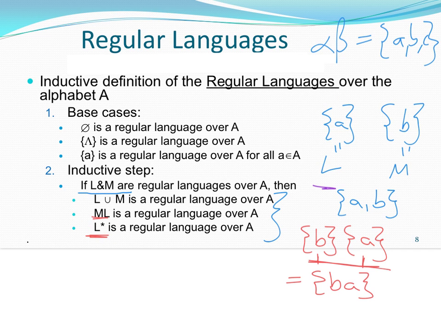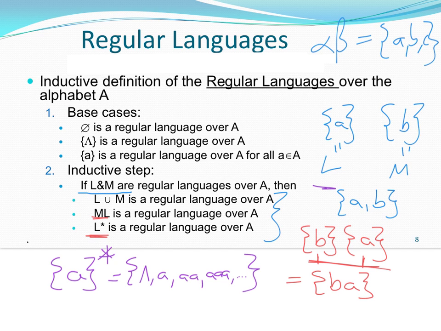And this last rule here tells us that if we have a regular language, we can also star it, right? And in this case, that means that we get lambda, then A, triple A, and so on, right? And so this set here, well, that's a regular language. Okay, so this tells us what languages are regular, and it does it using these pretty simple rules.